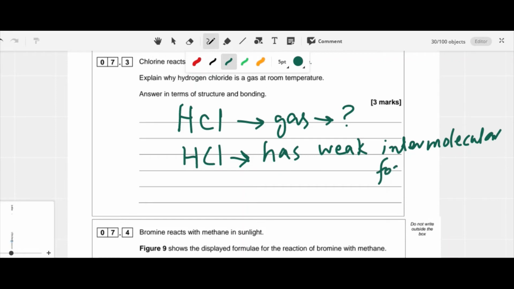It means that the intermolecular forces require little energy to overcome.